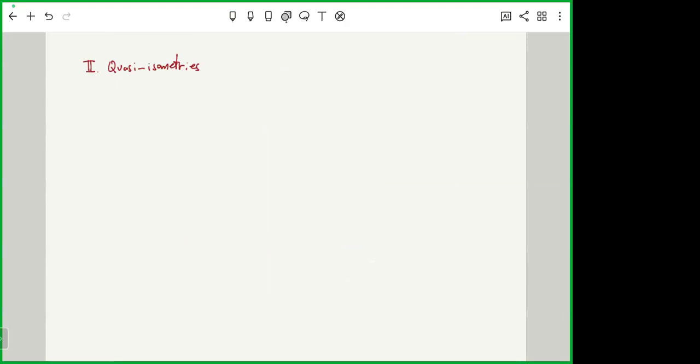So I will need some definitions now. We have a map between metric spaces, and we want to define what it means for this map to be a quasi-isometry. It's a way of saying that X and Y are the same from far away.